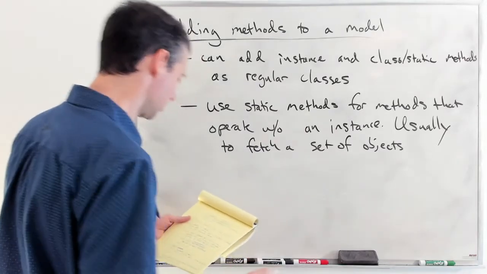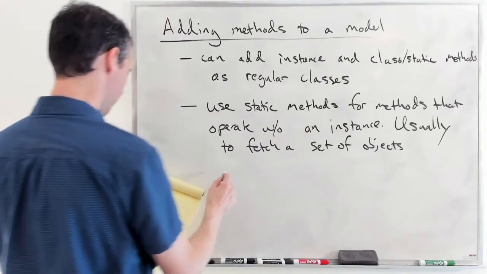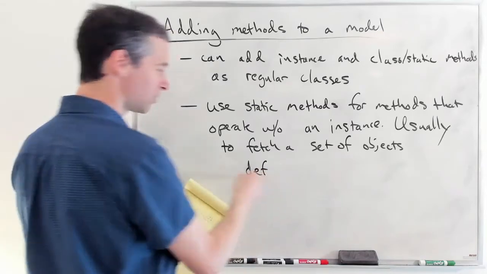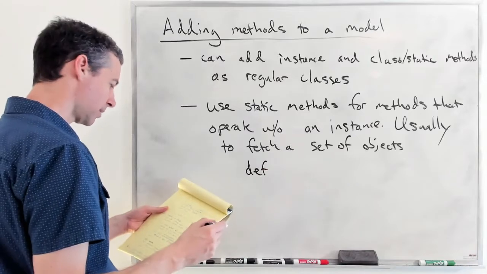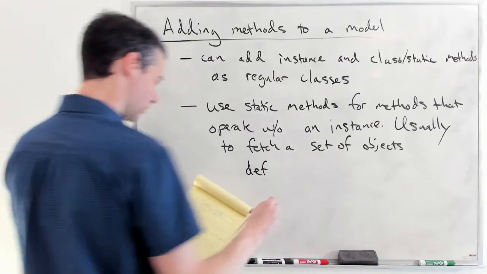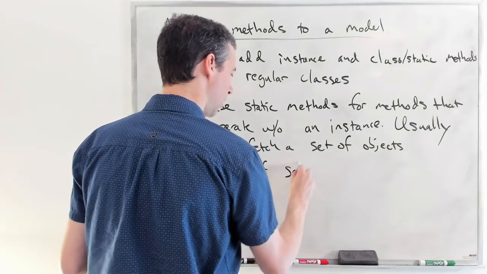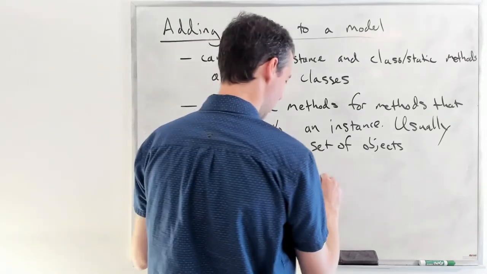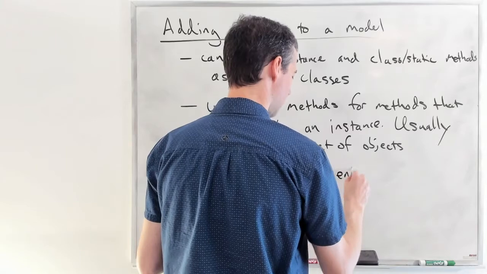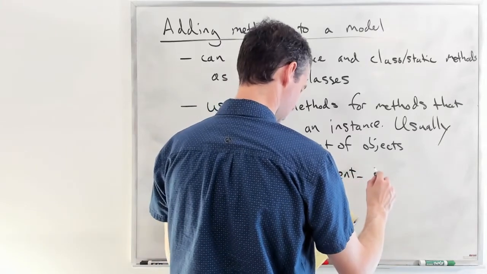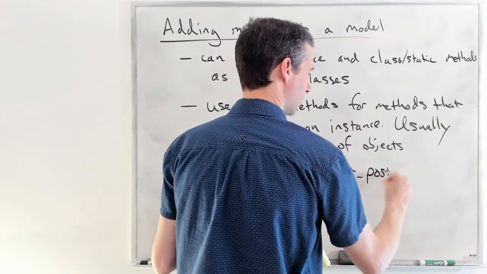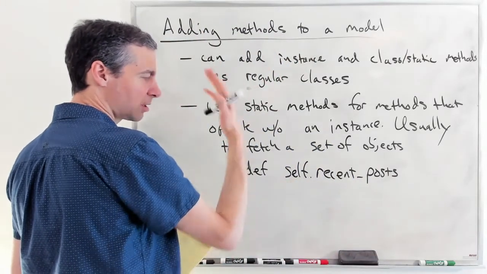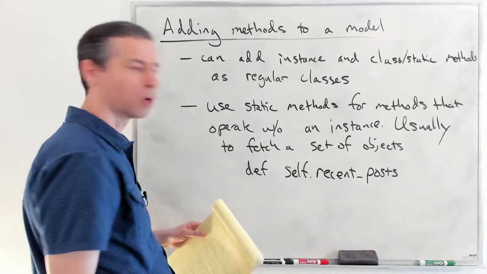Anyways, so for example, you might have a static method. Maybe you define this, and so this goes inside of the class definition. So you could do def, and they're always preceded with self. Okay, self dot, and maybe I've got some notion of Instagram posts or something, and I want it just to fetch the most recent ones.